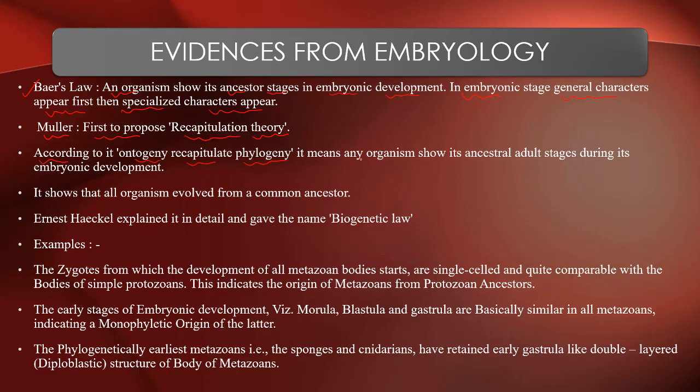It means any organism shows its ancestral adult stages during its embryonic development. So an organism during its embryological development copies, projects, or reflects the adult stages of the previously evolved species.